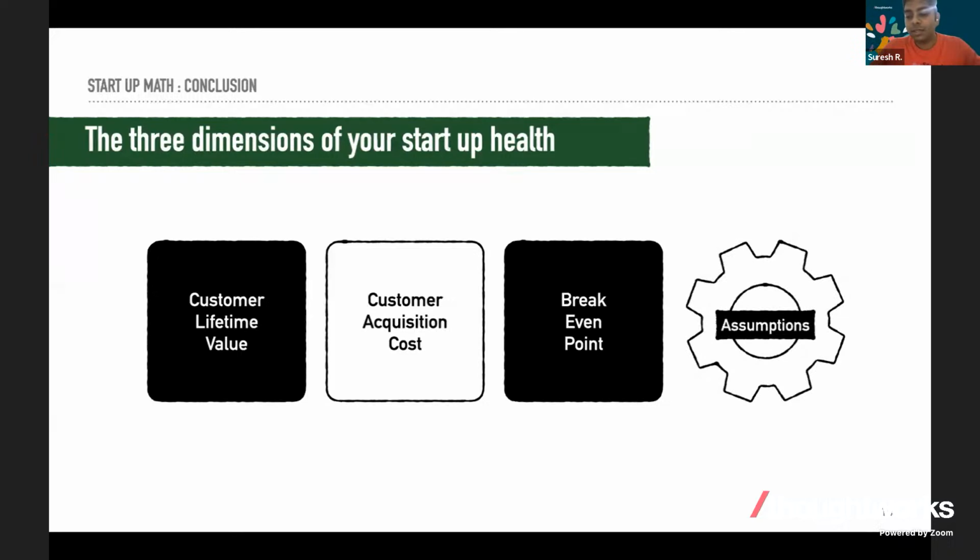And the final one is your assumptions. Ensure that the assumptions that we take at desirability, usability, viability, and feasibility are all pressure tested continuously, and you investigate them and you plan them or you defer them or you monitor them continuously.